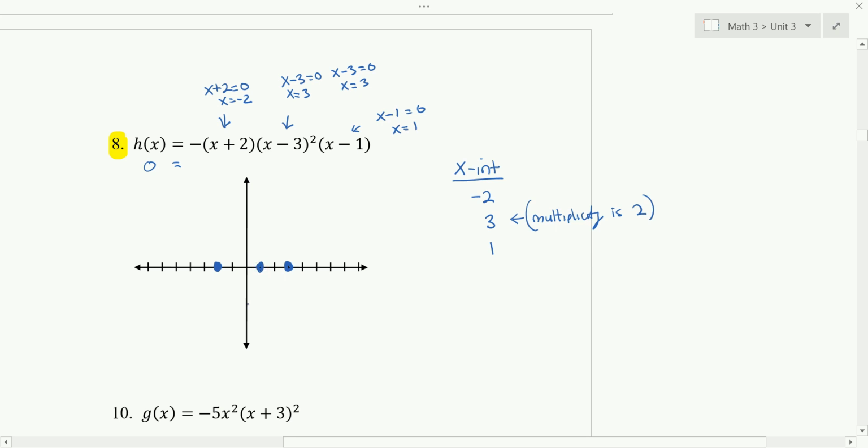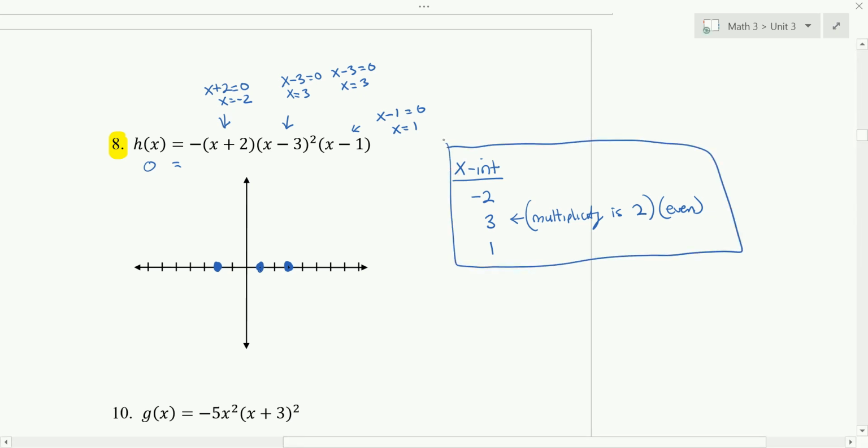And if the multiplicity is odd, when we draw our graph, it's going to pass through that x-intercept. If the multiplicity is even, which it is at 3, then when we hit that x-intercept, it's going to bounce back. And I'll point that out when we get there. So we found our x-intercepts. Let's find our y-intercept.